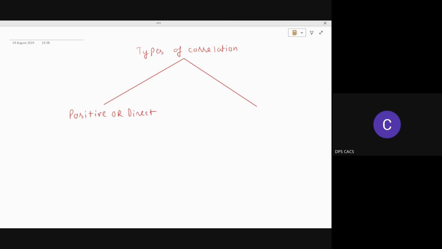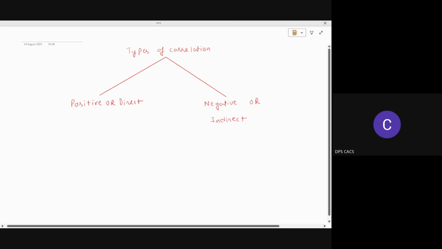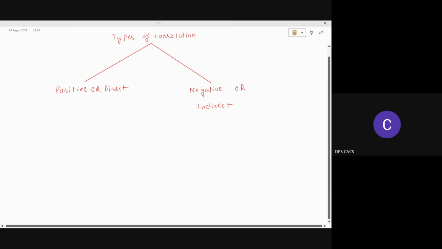Number 2, negative correlation, also known as indirect correlation. There are 2 types of correlations, positive and negative.